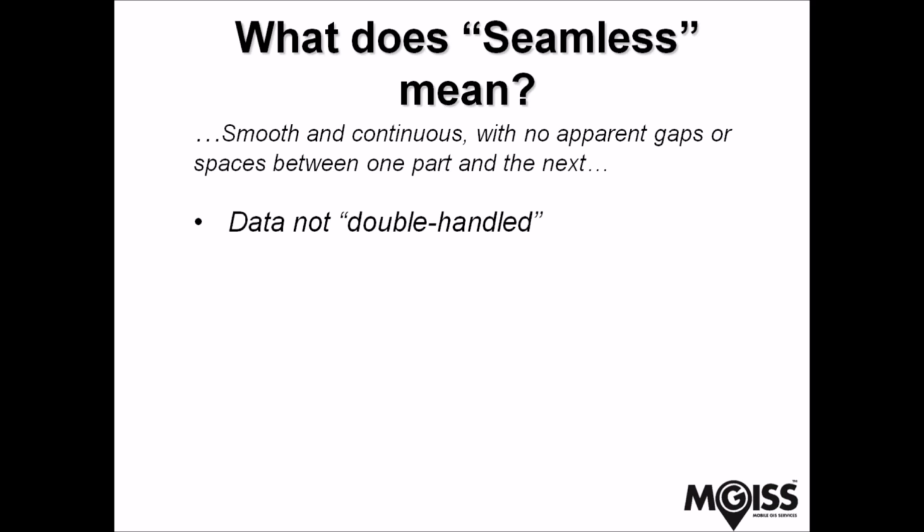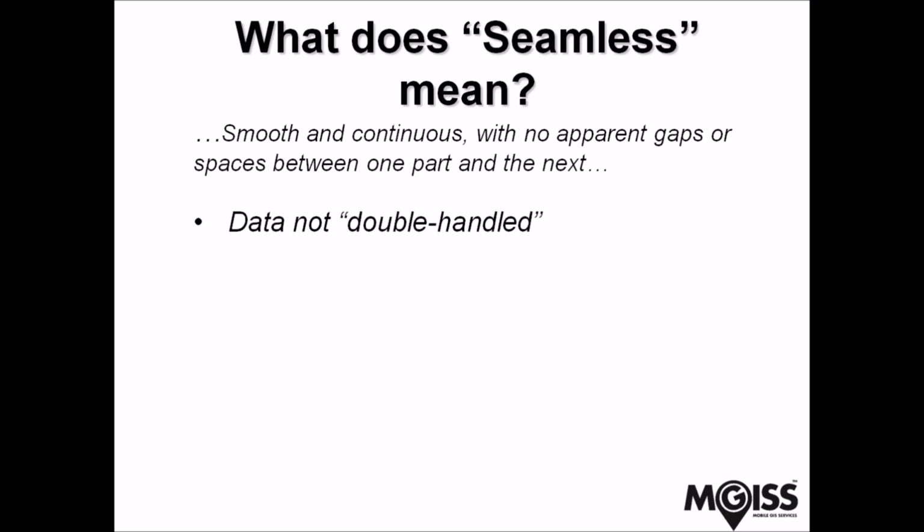So you're not capturing data once and having to redigitize it into a database, which is typical of a pen and paper exercise where somebody's got to take that paper copy of information which is being captured in the field and then re-input it into GIS and maybe add positional information.